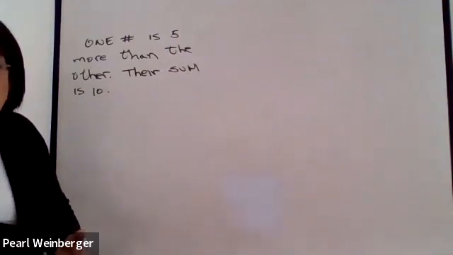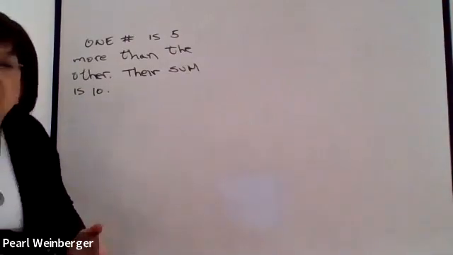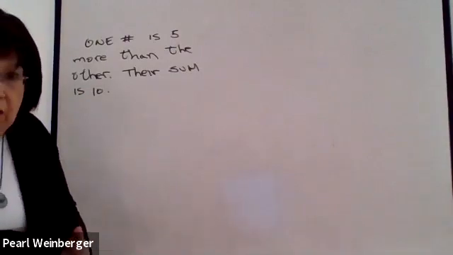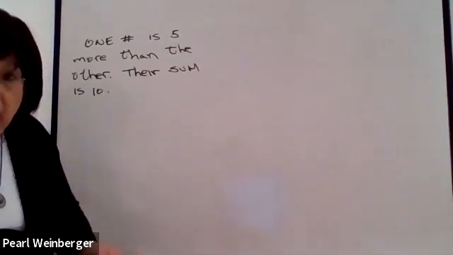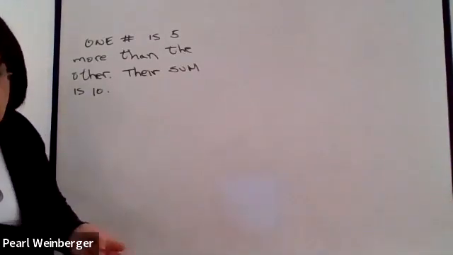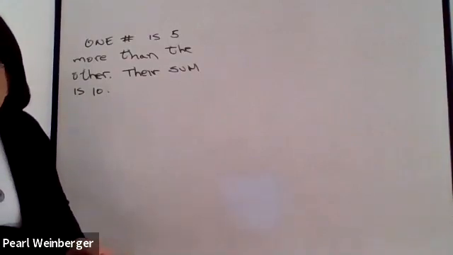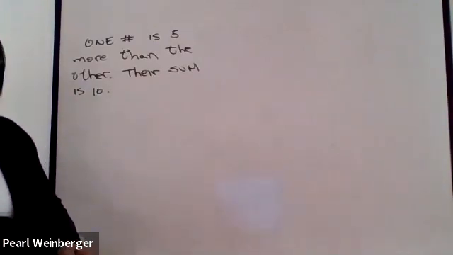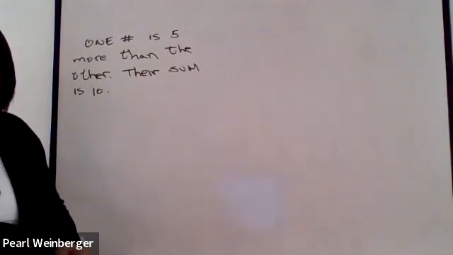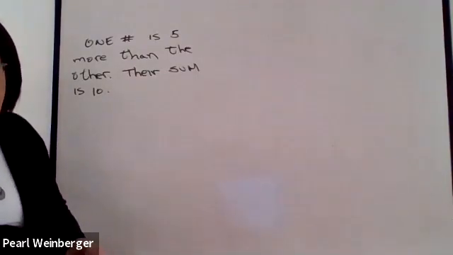And the question is, how will I know that I need a system of equations? What is a system of equations? A system of equations is 2 variables, an x and a y, or whatever other letters you want to call them, and 2 equations. Once you have 2 unknowns, 2 variables, you must get 2 equations. And I use that whenever I'm looking for 2 different items.